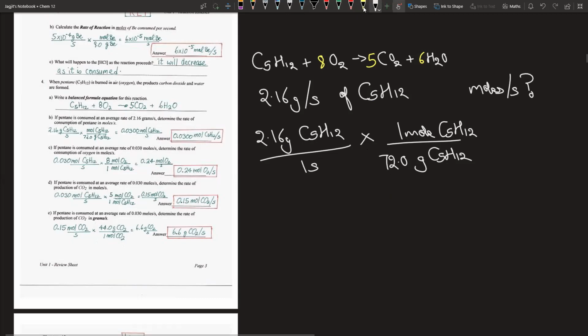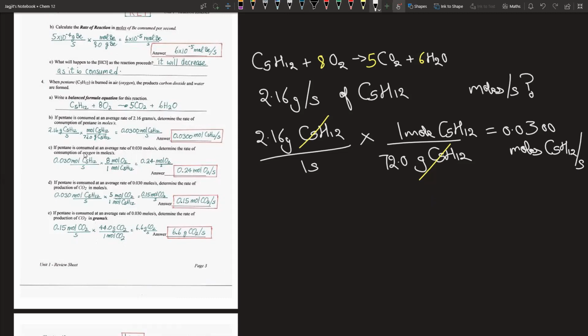The grams and grams cancel, so you have 2.16 divided by 72. If you divide it by 72, you will get 0.0300, and now you've expressed it in terms of moles of C5H12 per second. So you've expressed this reaction rate in terms of moles per second. This is using proper significant figures, by the way. Does that make sense? Yeah.